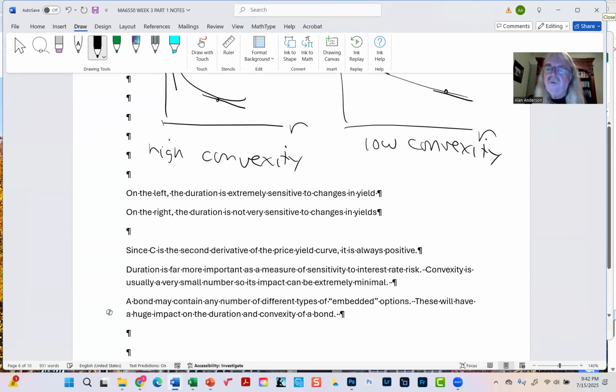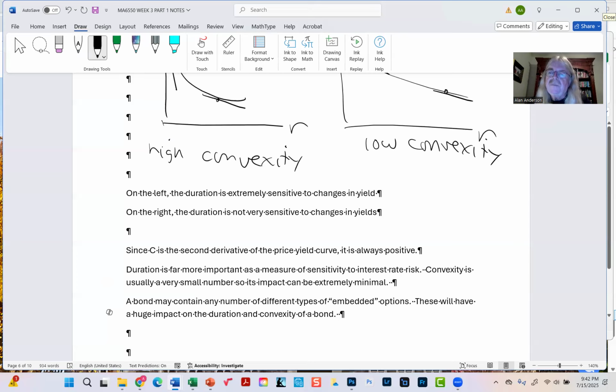The ones we were looking at before, we were assuming there were no options. And therefore, all of these results we obtained are perfectly valid. But by the way, this is when you need more complicated versions of duration and convexity. When you have these options embedded in the contract that you're entering into as a bondholder, the options will definitely throw off these results. And so you'll need something much more sophisticated.